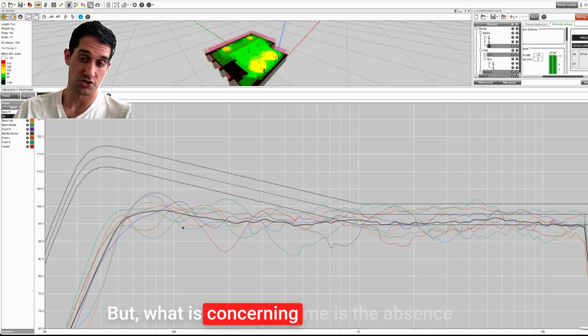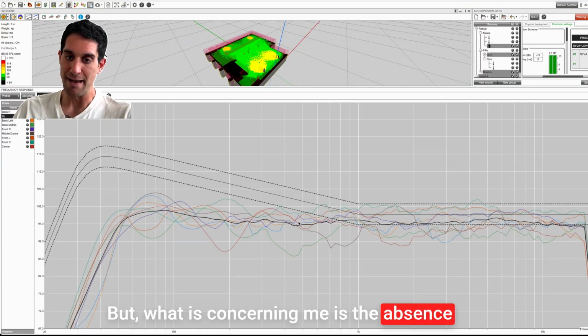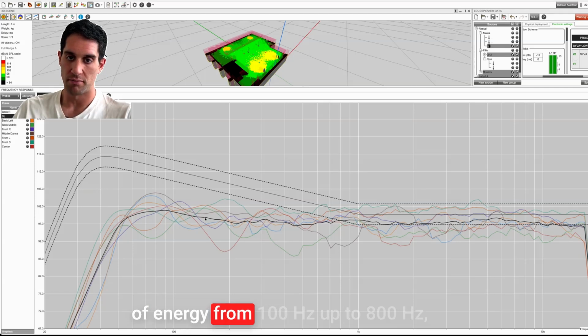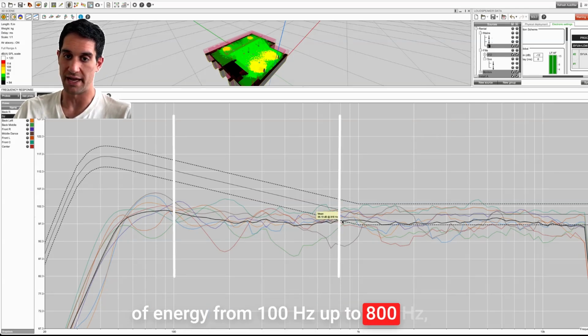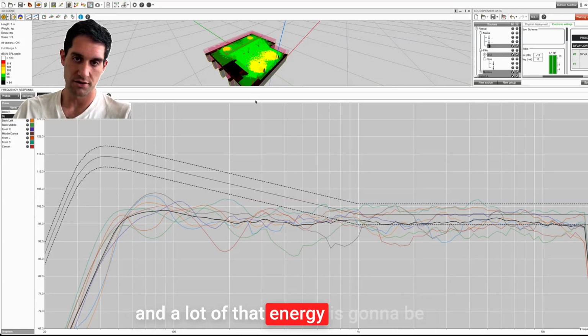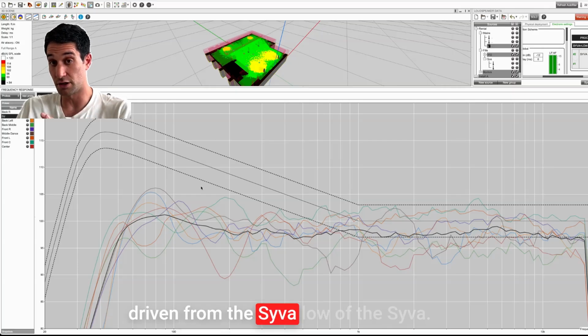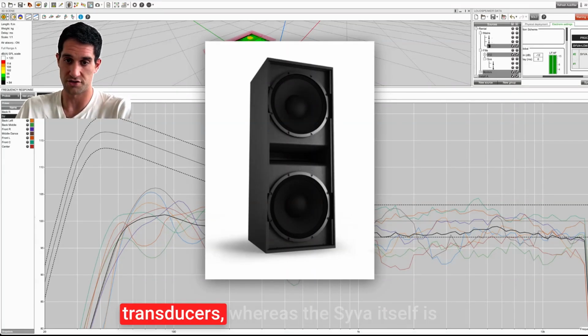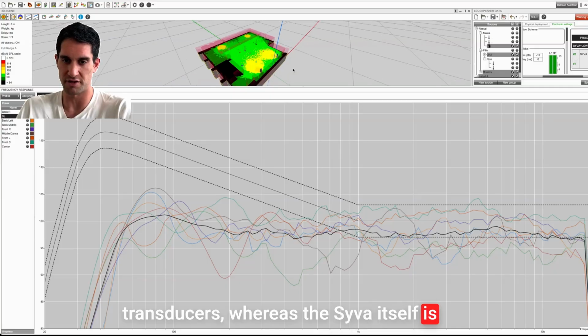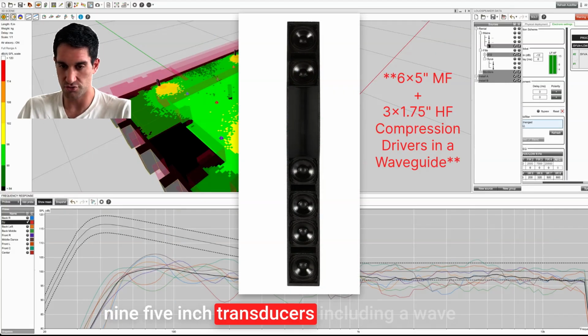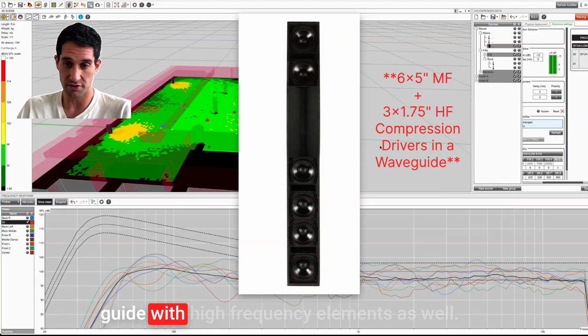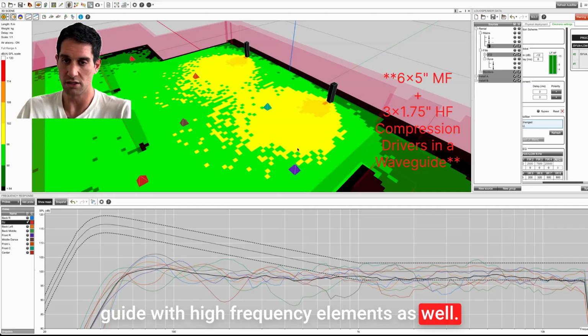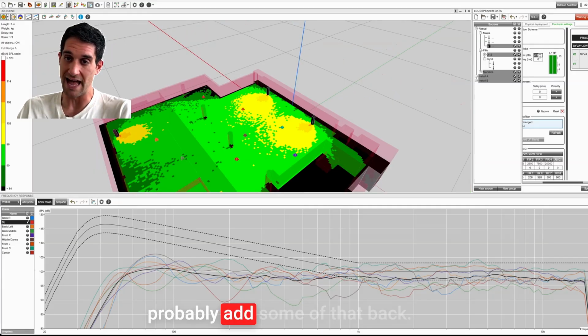But what is concerning me is the absence of energy from 100 hertz up to 800 hertz. And a lot of that energy is going to be driven from the Syva low of the Syva. The Syva low is comprised of 2 12-inch transducers, whereas the Syva itself is 9 5-inch transducers, including a waveguide with high frequency elements as well.